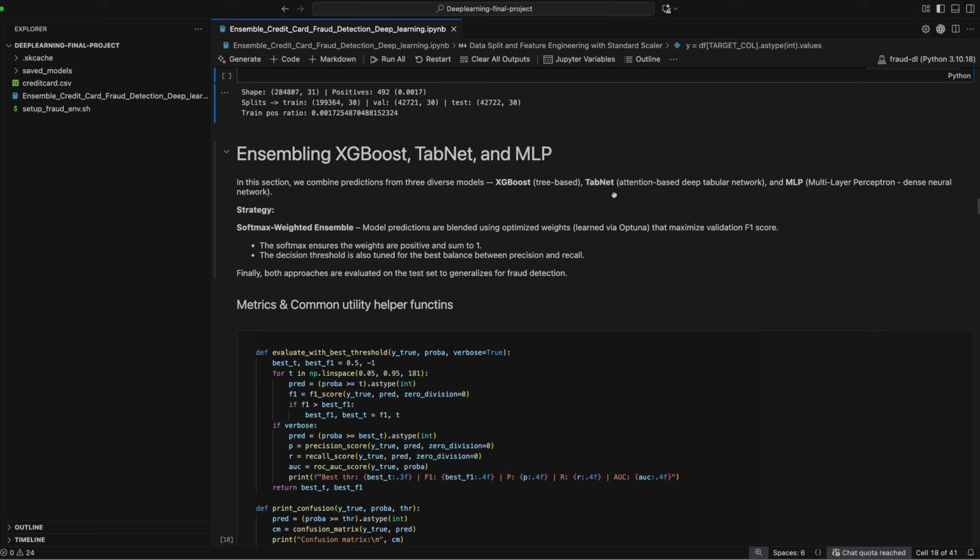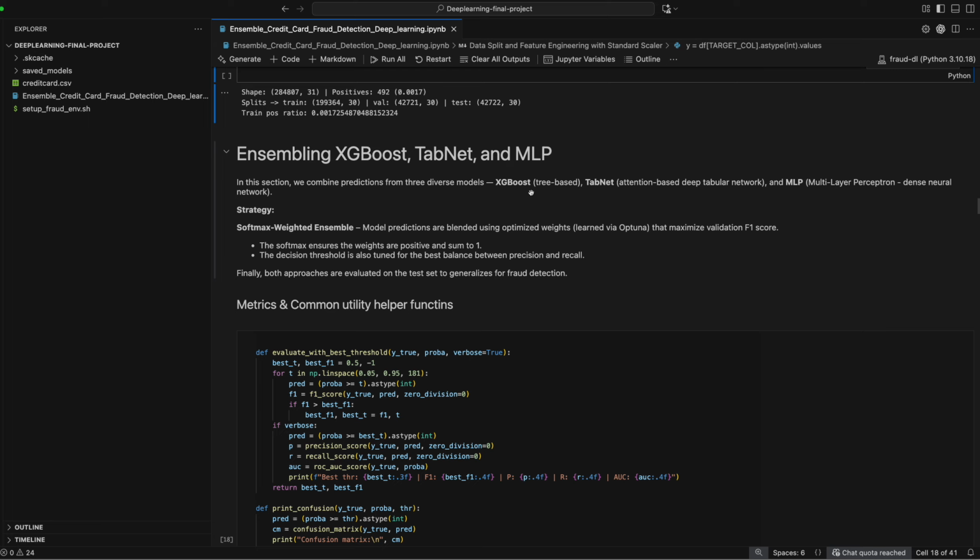For that, primarily, people still today in 2025 use traditional machine learning, but there have been some recent breakthroughs, where Google published the TabNet paper, an attention-based deep tabular network. They published it in 2020, and it's included in TensorFlow as well as in PyTorch, right? So we are going to leverage that, and we are also going to leverage the multilayer Perceptron.